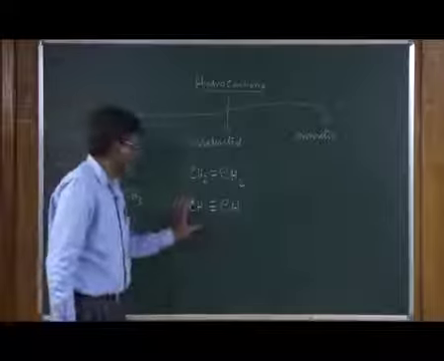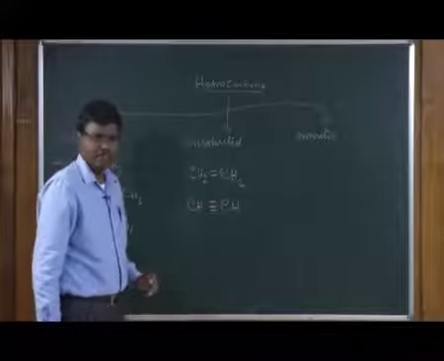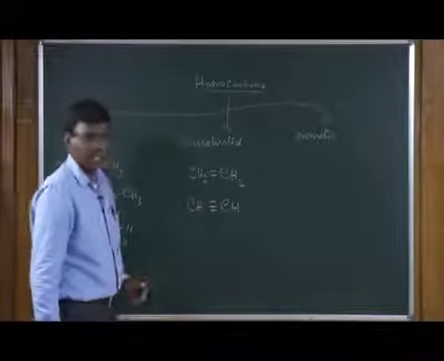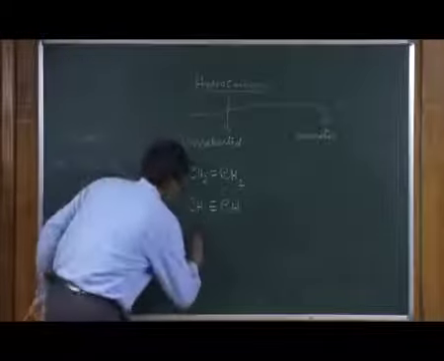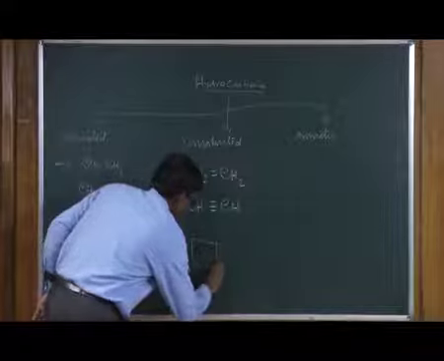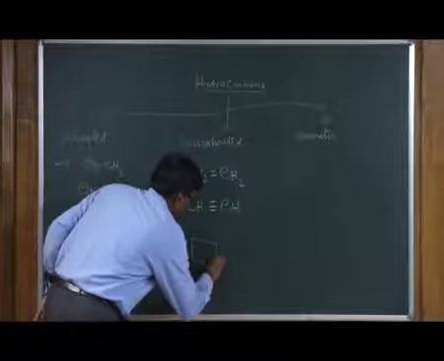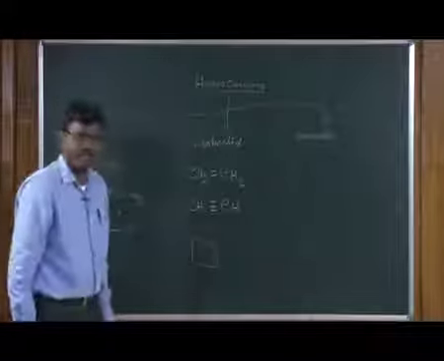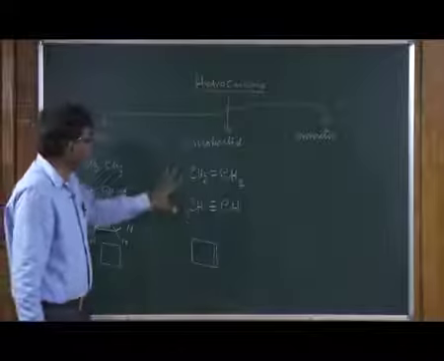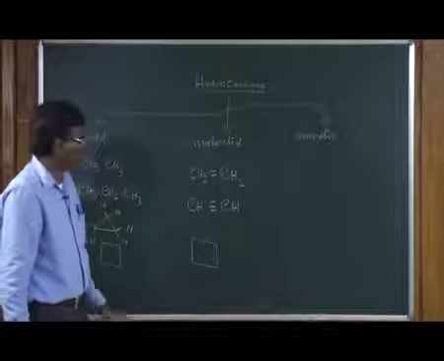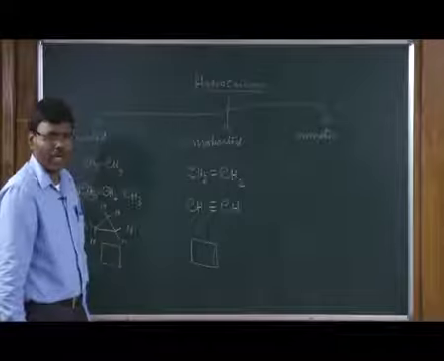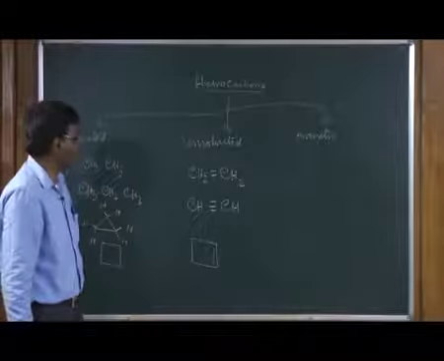This molecule has a carbon-carbon triple bond. These compounds are called unsaturated hydrocarbons. This also can be cyclic, for example, when you have 4 carbon atoms. Whenever you have carbon-carbon multiple bonds, double or triple bonds, those hydrocarbons are called unsaturated hydrocarbons.